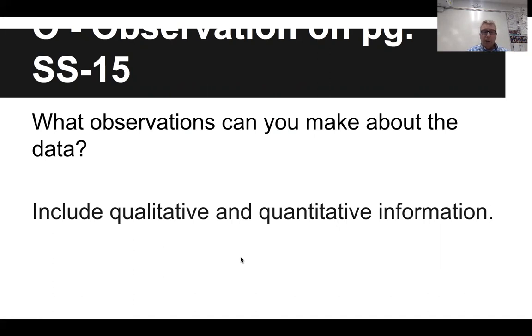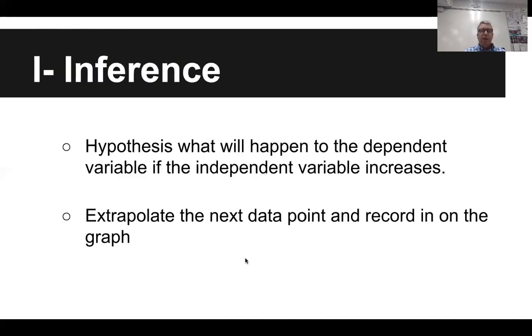Just a general description of what is going on. But for quantitative, we want to get specific numbers, right? At this depth, how many bubbles do we have? So we want numbers. All right, so look at that on page SS15.